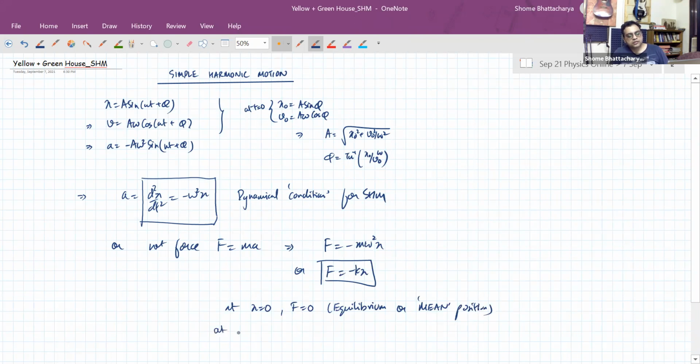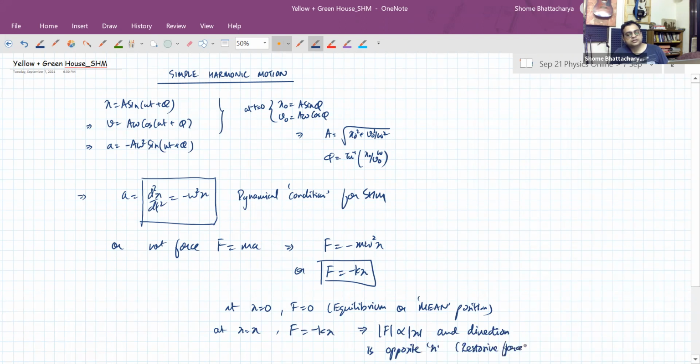And at x equal to x, F is equal to minus kx, which means that the magnitude of the force is proportional to the magnitude of displacement, and the direction is opposite to x. So it is a restorative force.